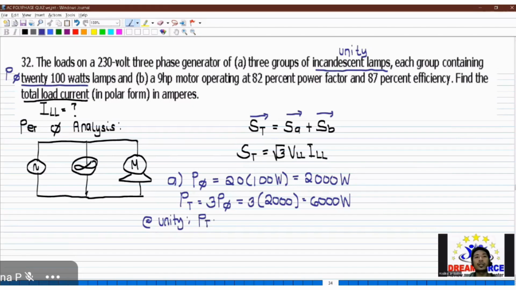Pag unity, parehas lang si S at saka si P. Therefore, this is 6,000, and then we know that for unity, we have angle 0. So this is in volt amperes. So yan po yung unang connected load natin.